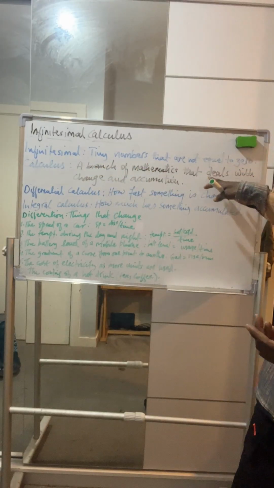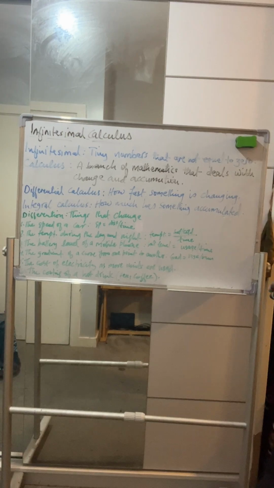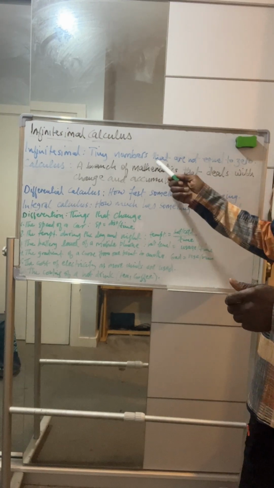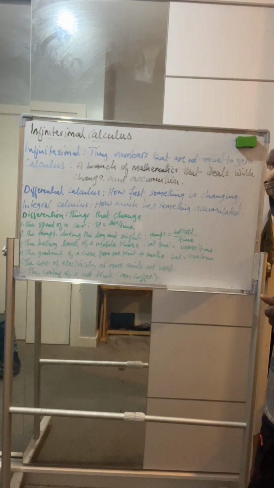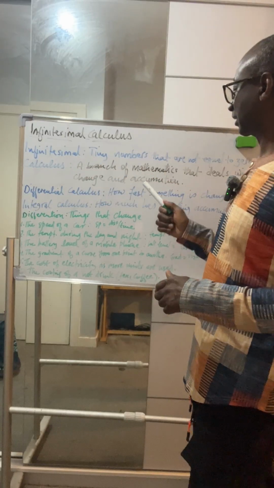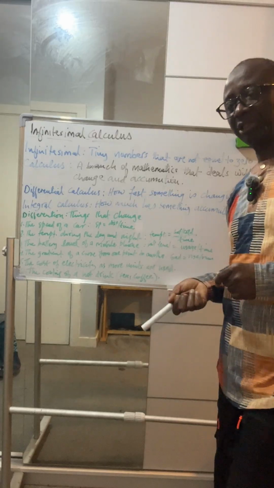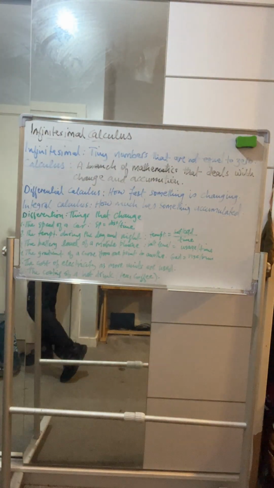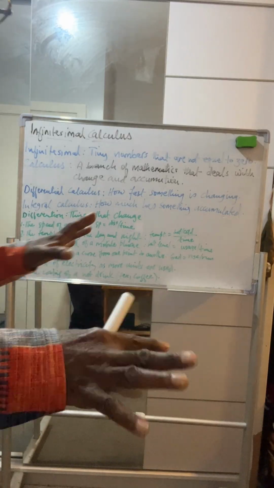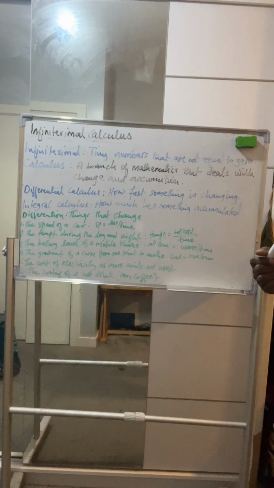The reason is that these are tiny numbers that are not equal to zero, and that is what infinitesimal means. And calculus is a branch of mathematics that deals with change and accumulation. It deals with things that change and things that add up. This we are going to explain in detail as we go along.